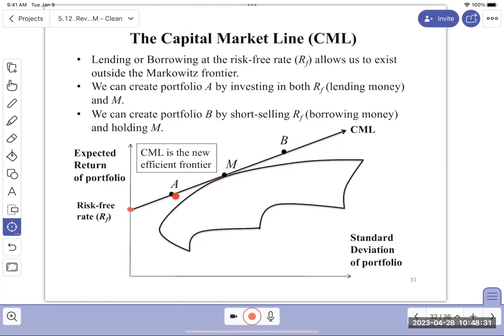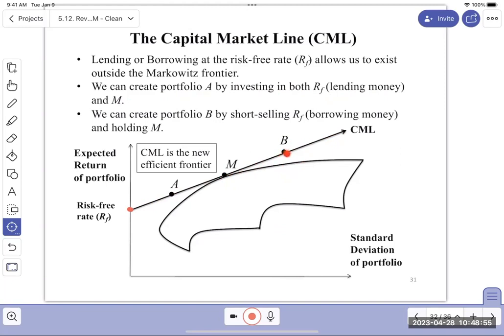So A is an example of that. Okay, so they're lending money through the risk-free rate and they hold the market portfolio. But then there's this. So this even expands the possibilities more, and the trade-off exists. Yes, they're going to get a higher return, but they have to be prepared for the higher risk. But it's possible. So how did they get here?